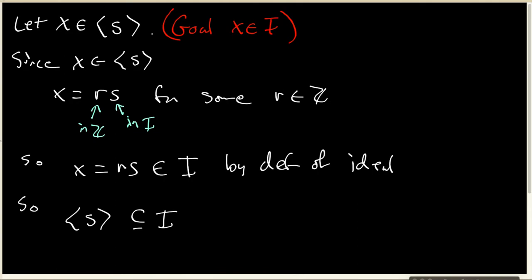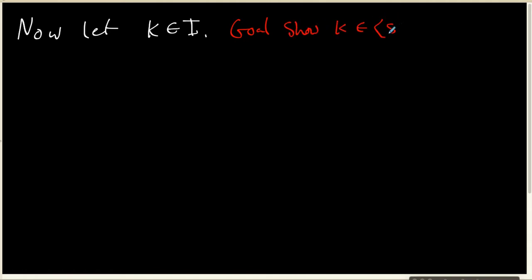Does the inclusion go back the other way? Well, let's look at that. Now let me let K be any element of I. Again, I want to remind you that the goal is to show that K belongs to the principal ideal generated by S. Now, what I know about K is this.